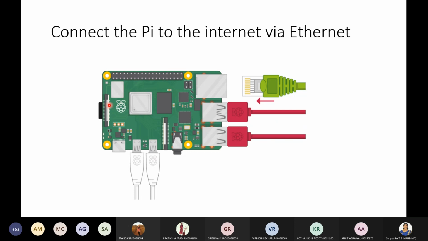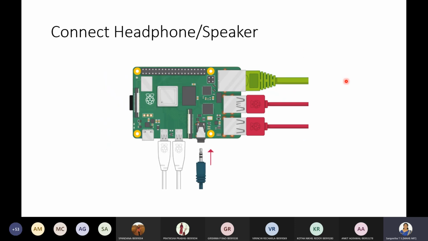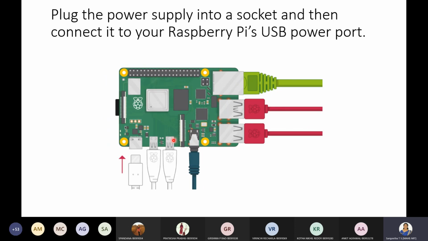And from Raspberry Pi 4 onwards, we have a built-in Wi-Fi module available. You can directly connect it to the wireless network. And the optional headphone or speaker port.